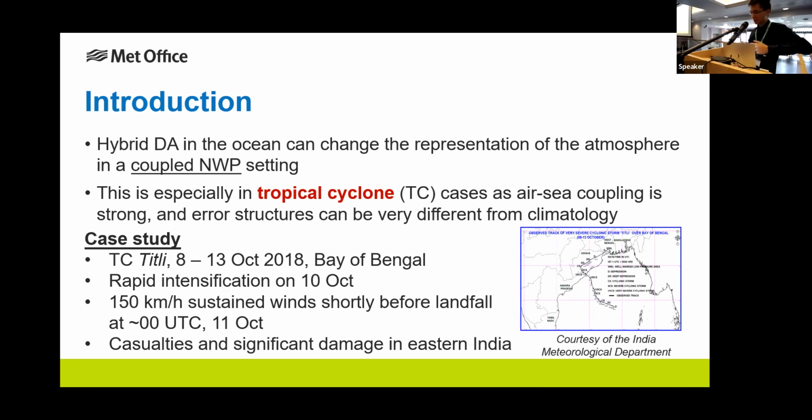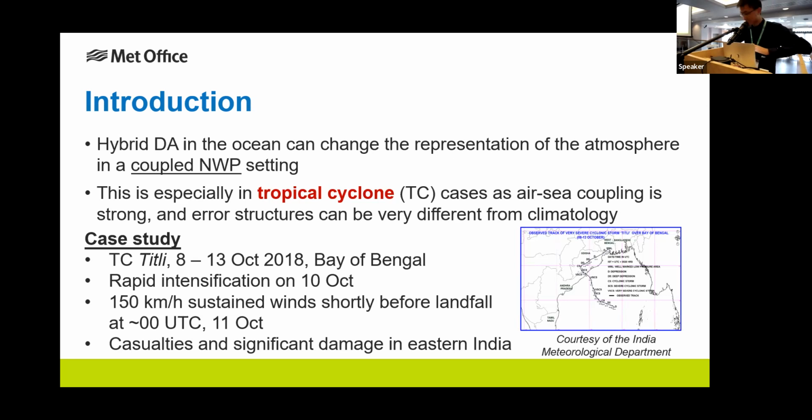And we know that because everything is coupled, by introducing hybrid DA in the ocean, we can also change the representation of the atmosphere. And this is especially the case for tropical cyclones, because in tropical cyclones, the coupling between the air and the ocean is strong, and error structures can be very different from the climatology, which is used to model the existing version of the B matrix.